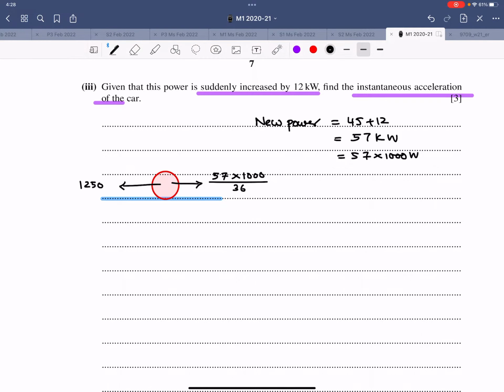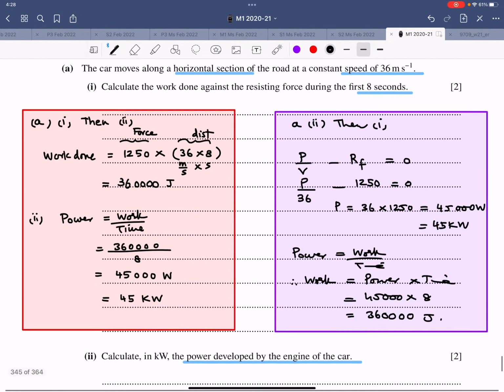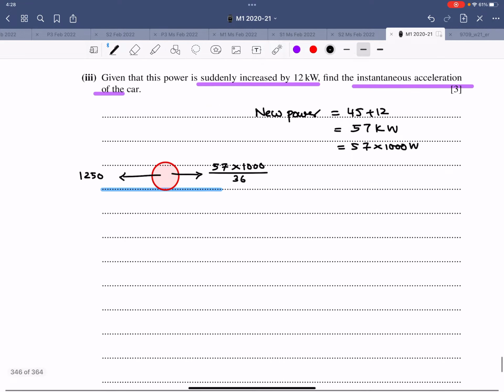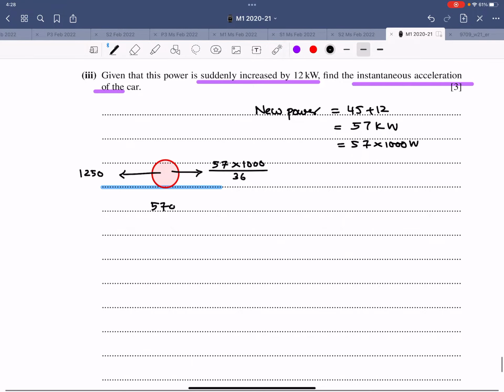What is the mass of the car? The mass of the car is 1400. So therefore 57,000 divided by 36 minus 1250 is 1400 into acceleration. Hence you will find the value of acceleration. So now this thing is also done.